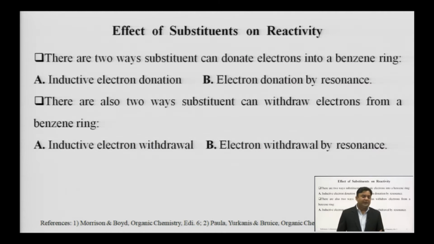The same mechanism is also followed in the resonance mechanism. The group which has a plus R effect can donate electrons towards the benzene ring by resonance, or the group which has a minus R effect can withdraw electrons from the benzene ring by resonance. Okay.